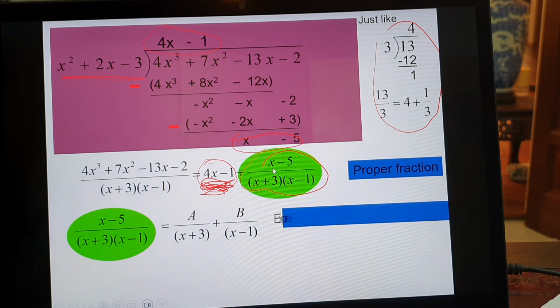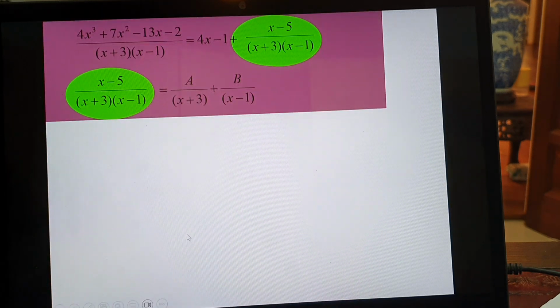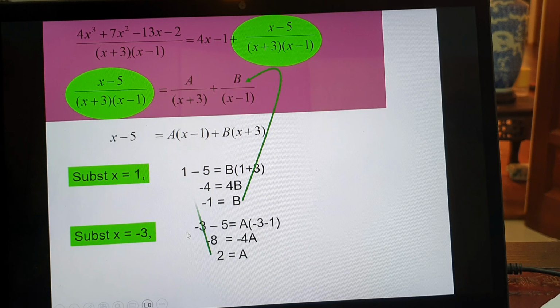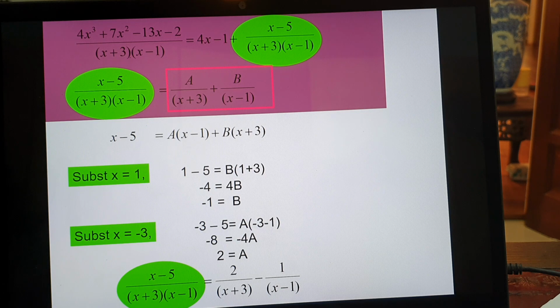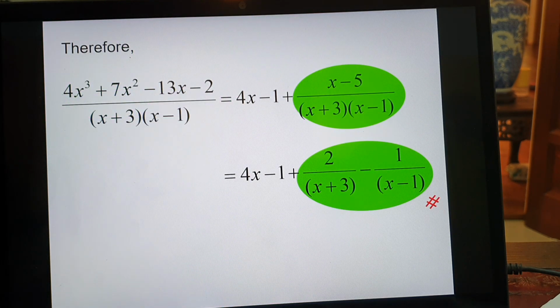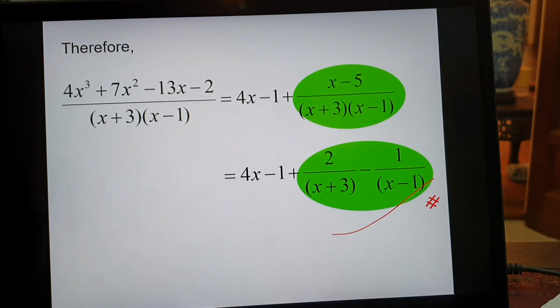Okay, then you go and do this, and the same old story, multiply throughout by x plus 3, x minus 1. Then the same old story continues. Then remember to put back, and remember the 4x. Yeah, this one. So this should be your final answer. Okay.